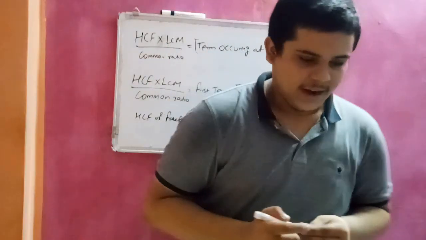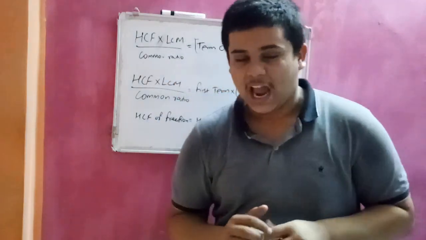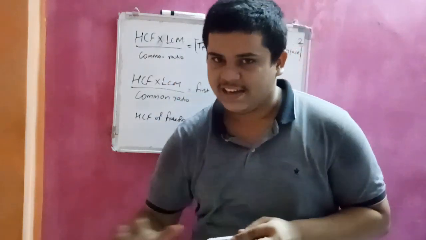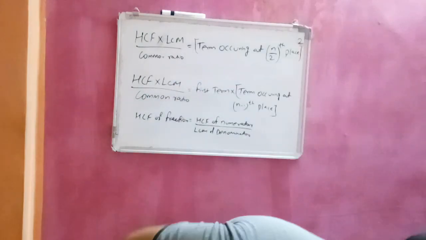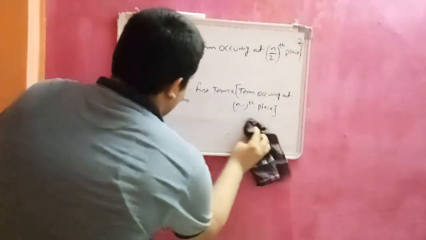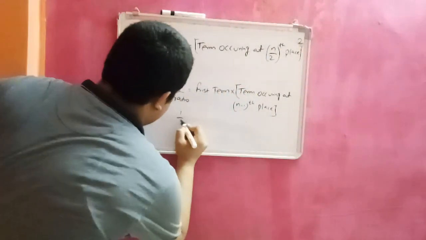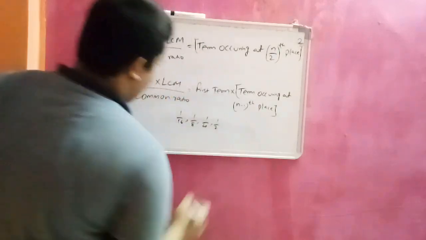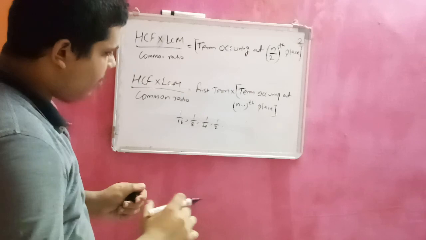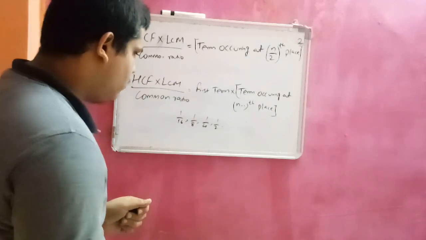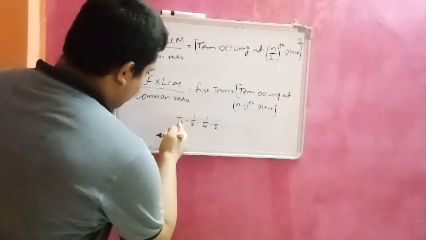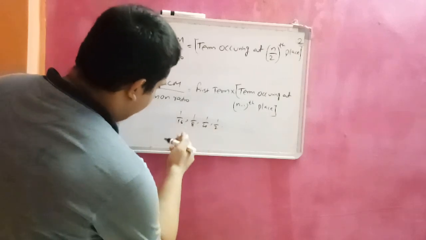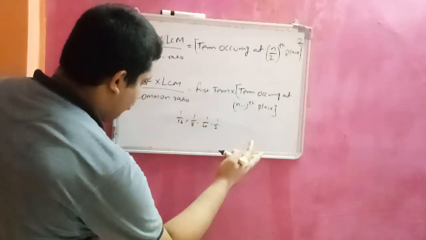Using this, I found that if we take a geometric progression having positive fractions in increasing order, for example 1 by 16, 1 by 8, 1 by 4, 1 by 2. Reciprocal of a geometric progression is also in GP, and this is a GP having positive fractions in increasing order.